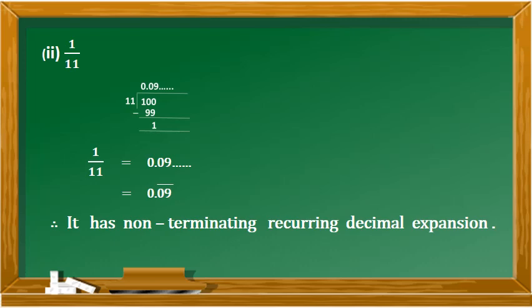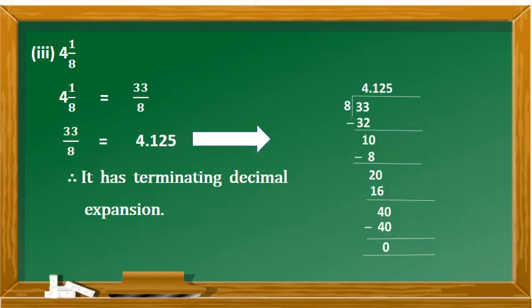Hence 1 by 11 is equal to 0.0909..., which can also be represented as 0.09 bar, where the bar indicates that 09 is getting repeated again and again. Hence 1 by 11 has a non-terminating recurring decimal expansion.